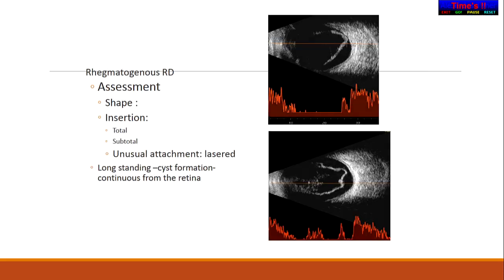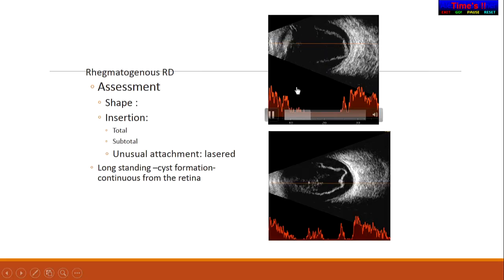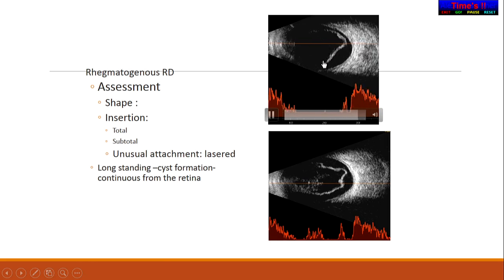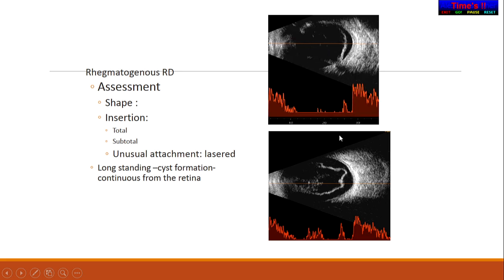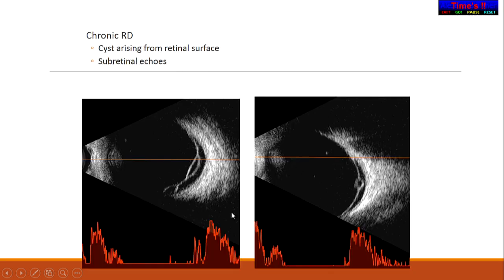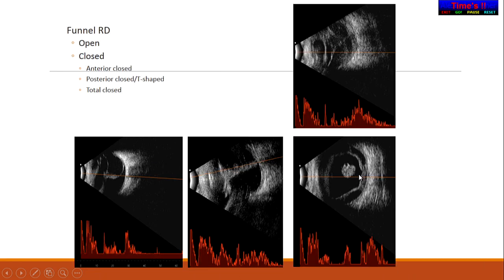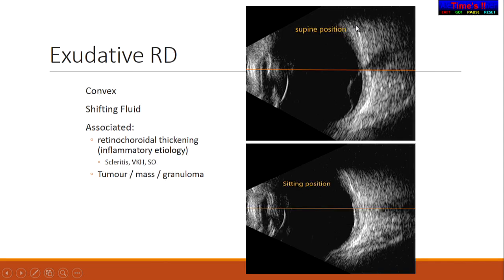So retinal detachment is a highly reflective membrane with an attachment to the optic nerve, with movement, and it can be a complete or a partial detachment. Long-standing retinal detachment can have cyst formation with decreased mobility. It can be a closed funnel or an open funnel retinal detachment.